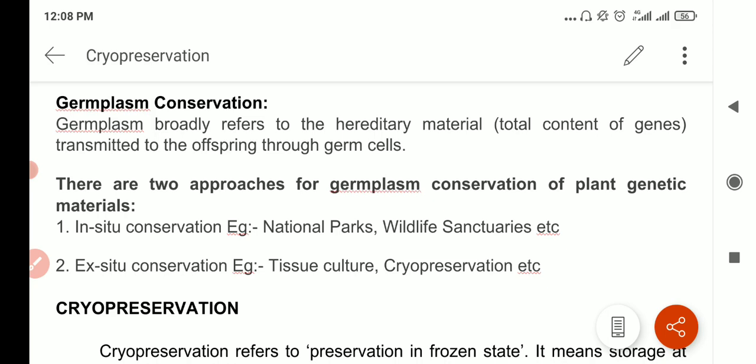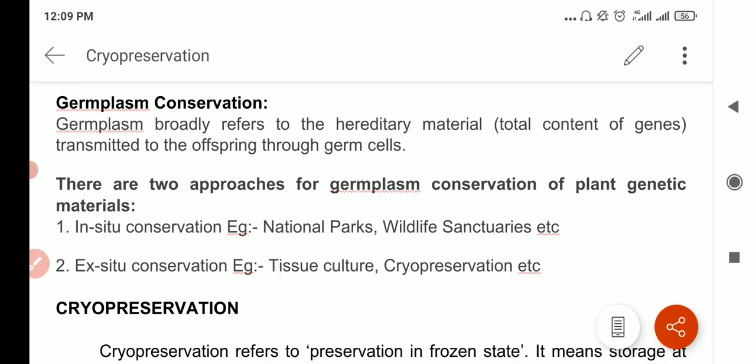I think last year you learned those different types of conservation, in situ, ex situ and all. So what was in situ conservation? Just to remind you, it was where you conserve them in their own natural habitat, in their site of existence, where they were originally found. You don't have to carry them from one place to another.